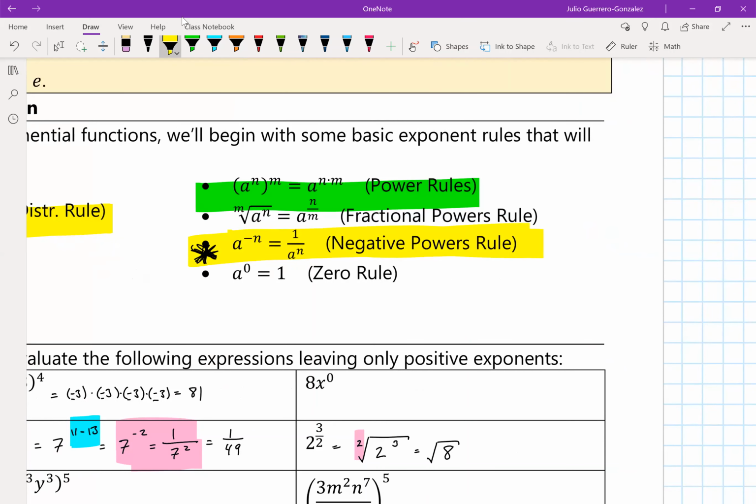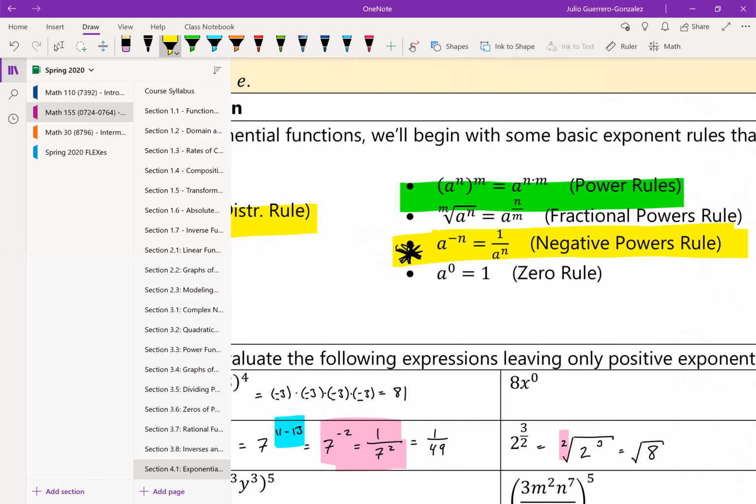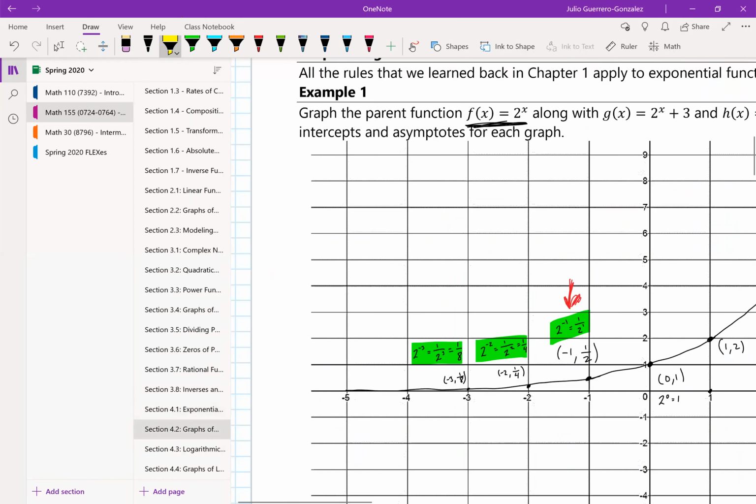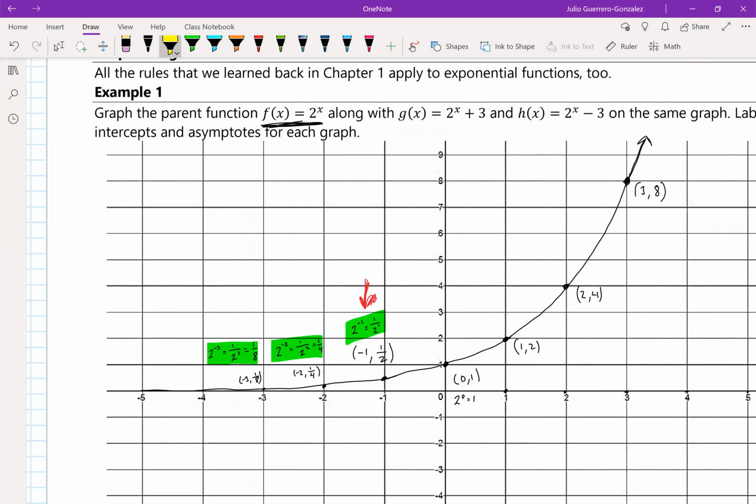Just a quick recap: if you have a negative exponent, that's equivalent to 1 over the positive exponent. That's how I've been getting these points right here.